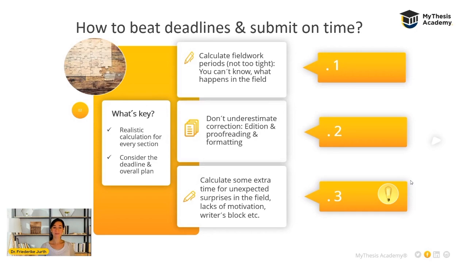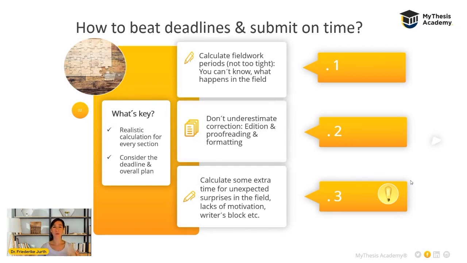First of all, try to calculate the fieldwork period not too tight. Why? Because you don't have any idea what will happen in the field.